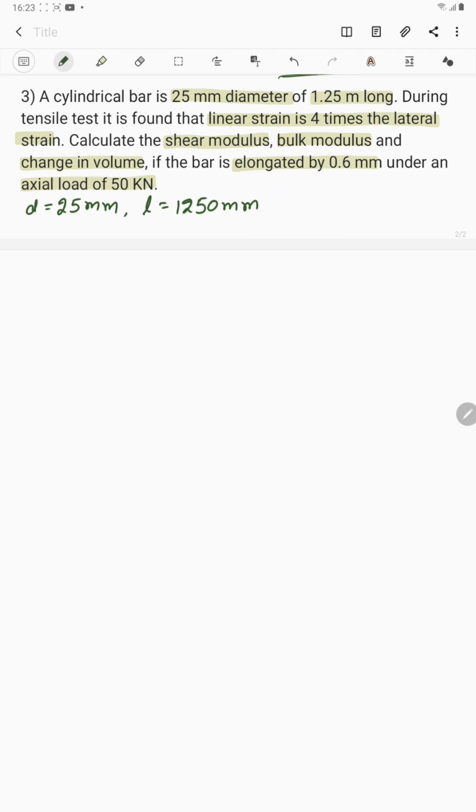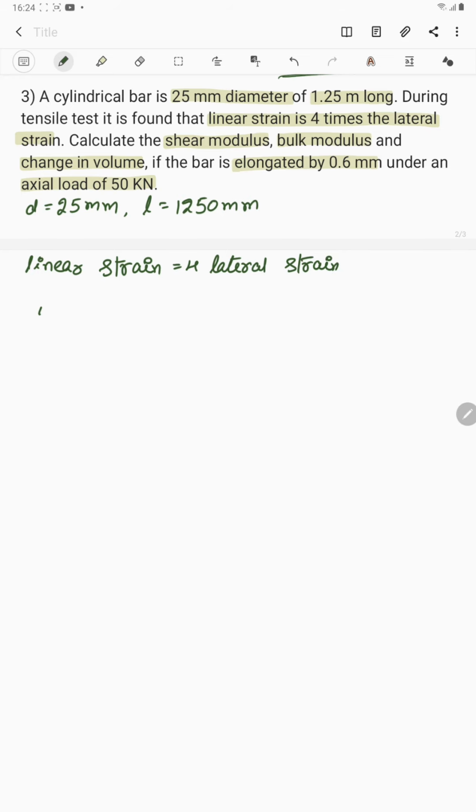During a tensile test, it is found that linear strain is equal to 4 times the lateral strain.